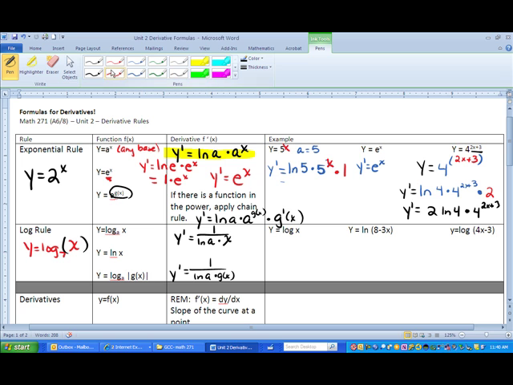So here we just had an x, but here we have a g of x. We have a big function there. Now the reason we have those absolute values there is because you cannot take the log of a negative number.